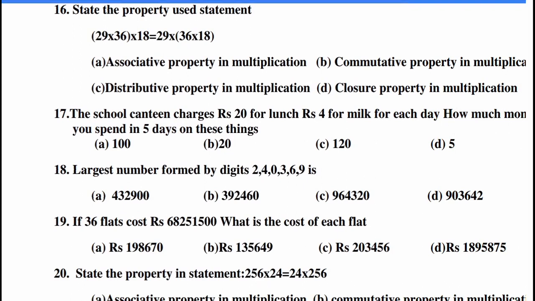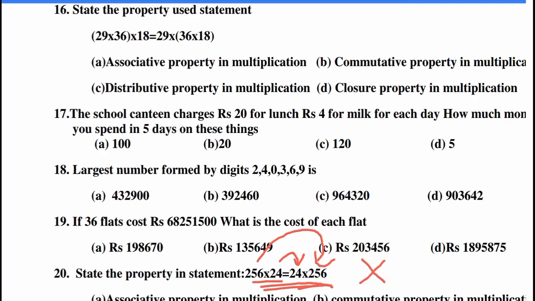Now question number 20. State the property in statement 256 multiplied by 24 is equal to 24 multiplied by 256. Now both sides numbers are same, but the order of the number is changed here, right? So this property is called commutative property, and here multiplication is done.